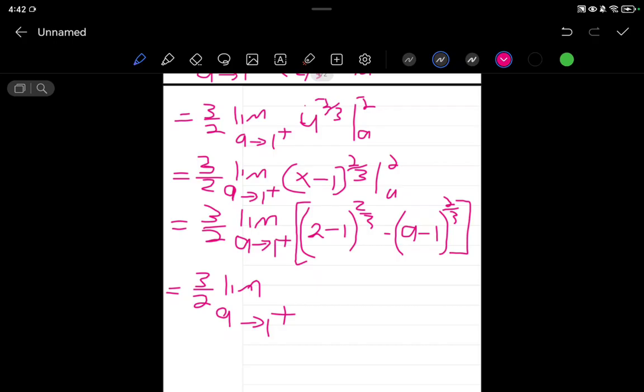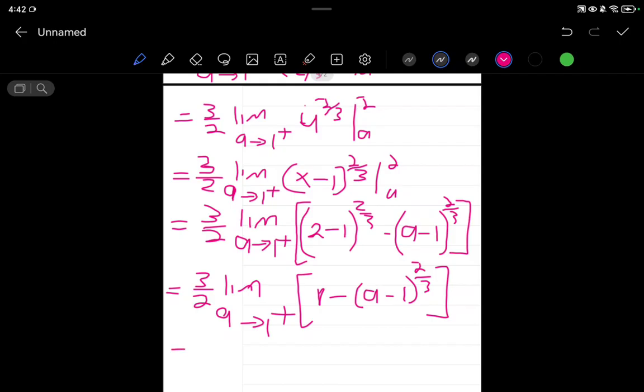Now we're going to have what here? This will be 1 minus (a minus 1) to the 2 over 3. Do you agree here?